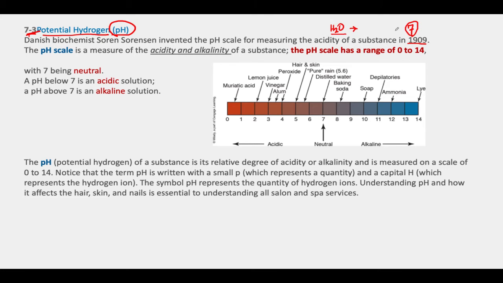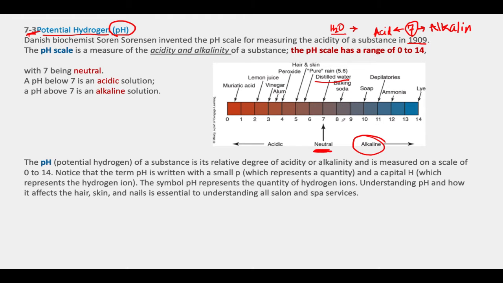So if you keep 7 as neutral, then anything that is below 7 is called an acid, and anything above 7 is called alkaline. I know I'm drawing it here, but we also see it right here. We see 7 as the water, distilled water, and the neutral state here.